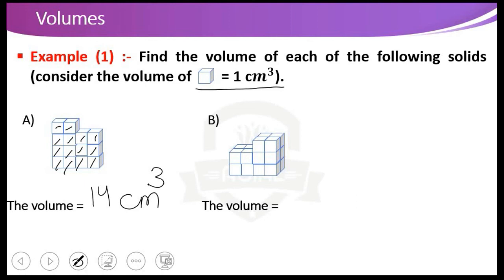Number B, we have 2 multiplied by 4. So we have in the bottom 8 cubes, and here we have 8 cubes, and here we have 4. 8 plus 8 plus 4 equals 20. So the volume of the shape equals 20 cubic centimeters.